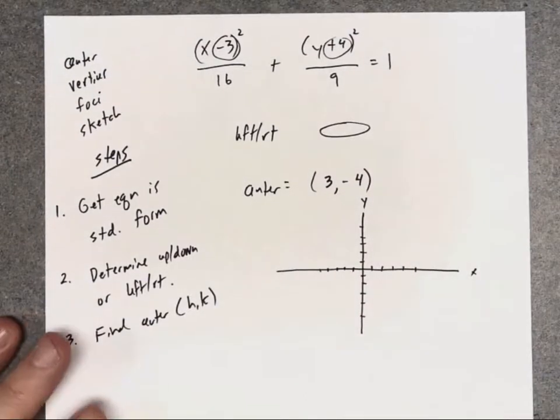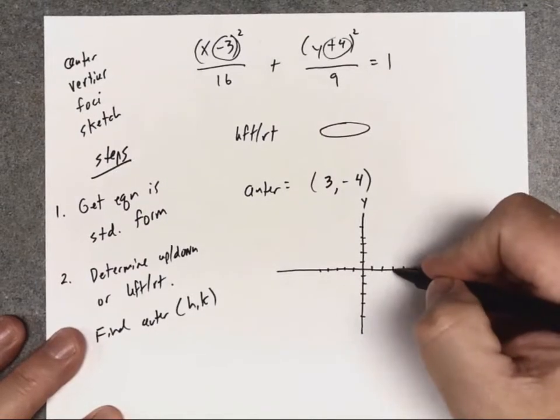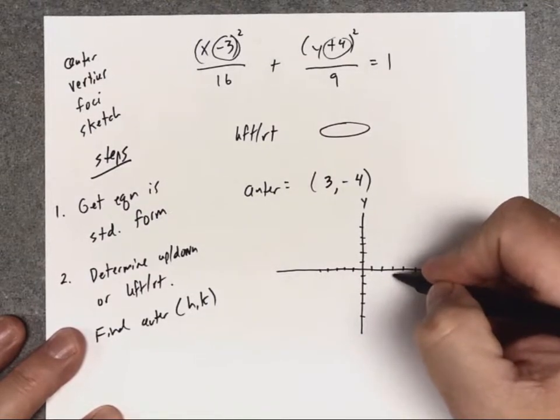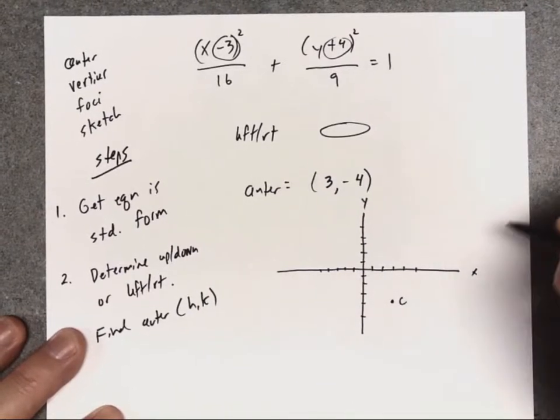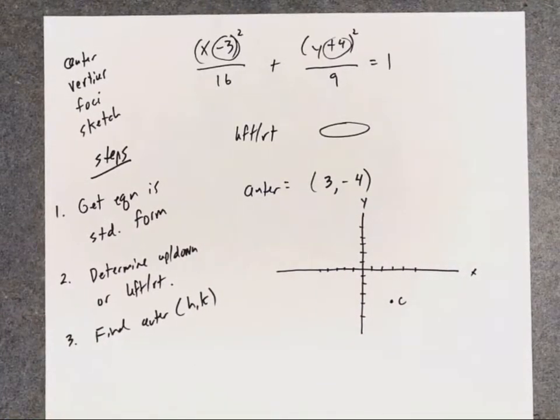The center of my ellipse is going to be (3, -4). So 3 in the x direction, then negative 4. That's going to be the center of my ellipse.